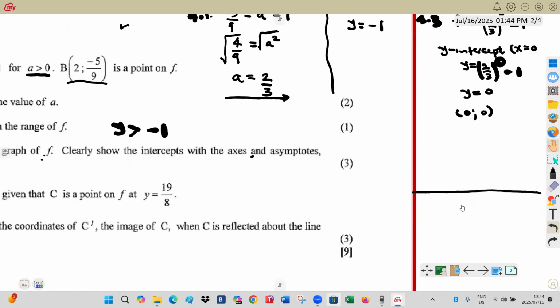This is our x-axis here. This is our x-axis. We draw here. That's our y.